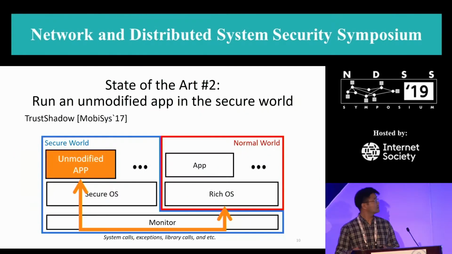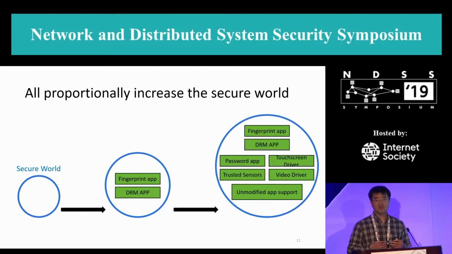So the other direction is to run an unmodified application in the secure world. The application in the secure world has to communicate frequently with the normal world for system services like the file system. That means high overhead. But the biggest problem of these two approaches is not the overhead or the programming model.